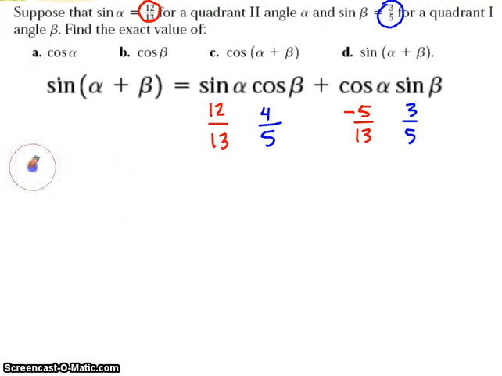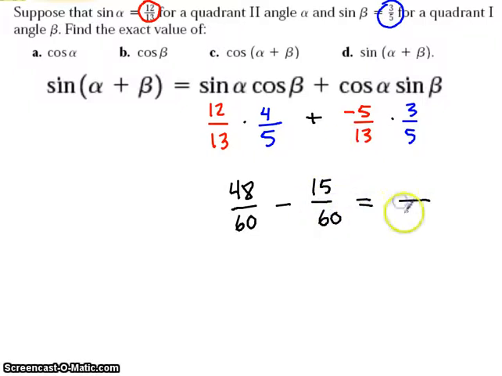And now that we have all this info, it's just a matter of the algebra skills. So we got a 48 over 60, and then minus 15 over 60.